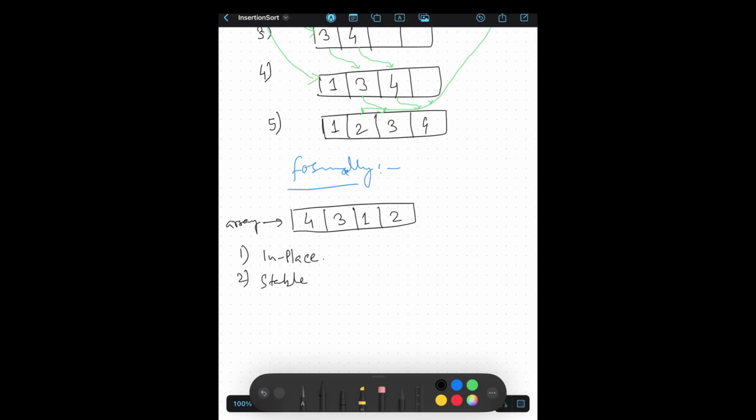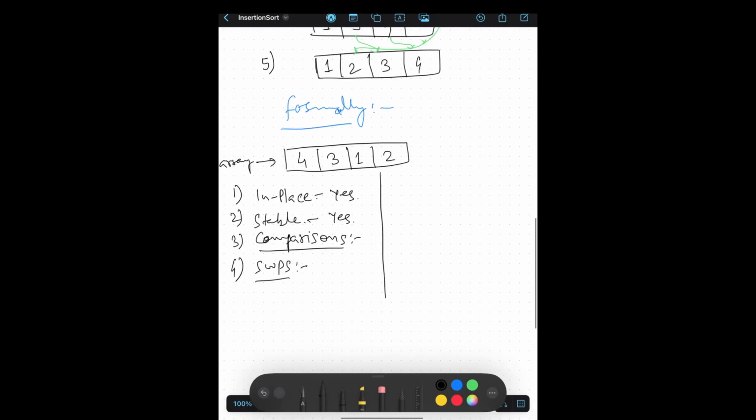It is stable. Comparisons. These two we are going to look at later.